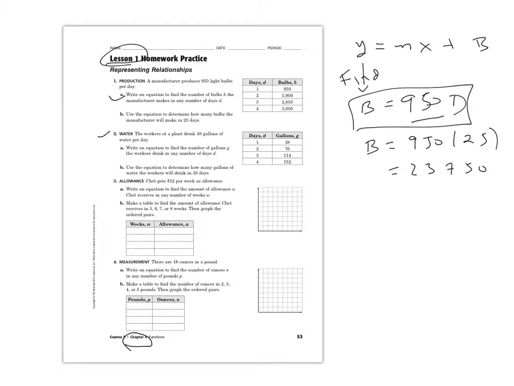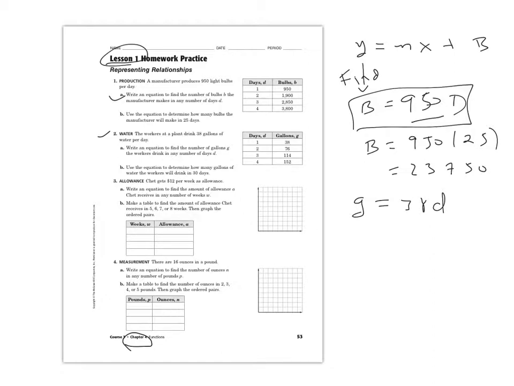So if we're trying to find gallons, G, then that is the left side of the equation where y goes. Then we want to find how many gallons they're drinking over a number of days. We're going to know the number of days, and we put the number of days in. We want to multiply days by the amount that's being used, and in this case, it's 38.